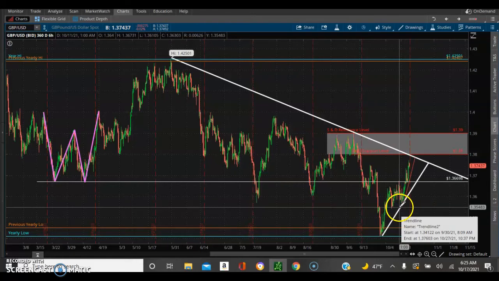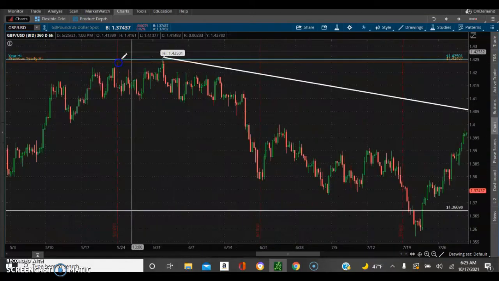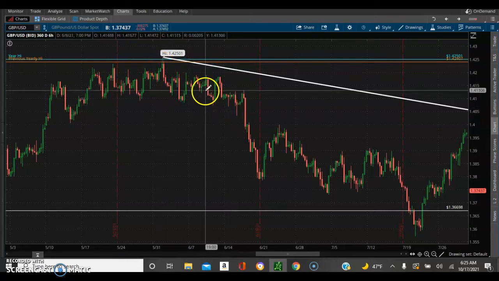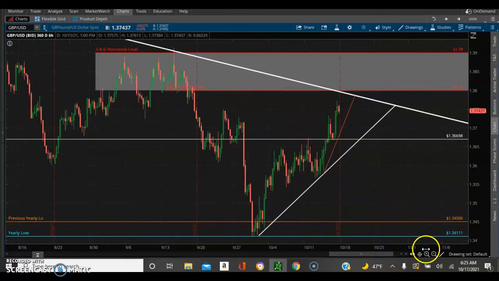We'll see whether the market continues the downtrend it's been in since it created the yearly high on May 31st at 7 o'clock. It's been moving down consistently.